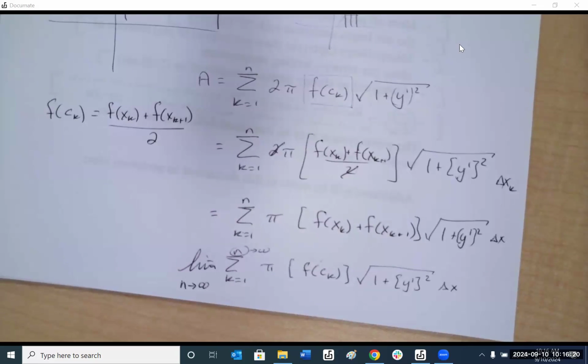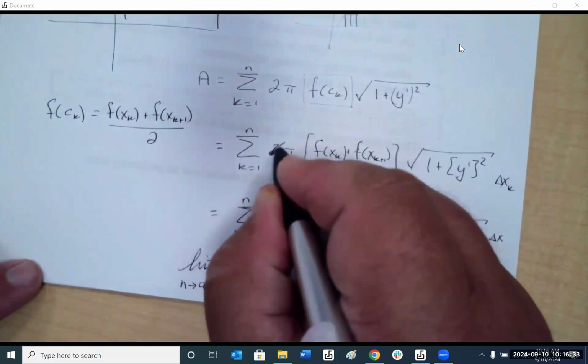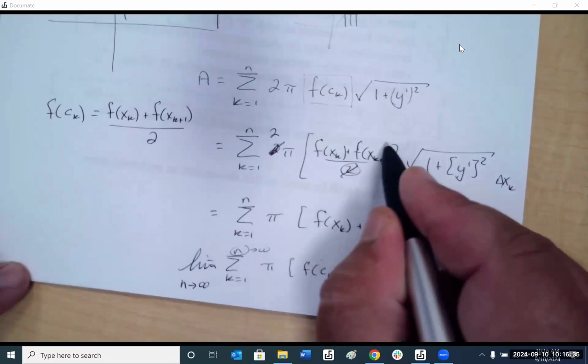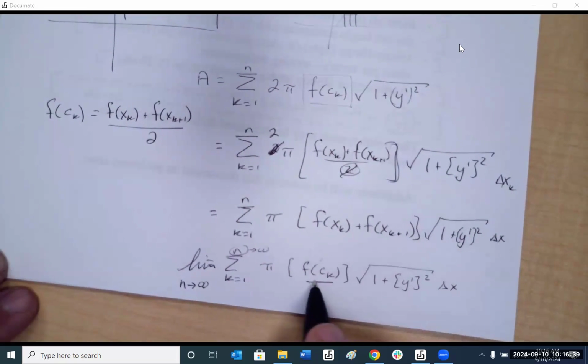Infinitely small pieces. We can now find each of those bands around that object. But we still have to keep this there right now, because remember, this is the average. It's the midpoint. That's where I have f of c.